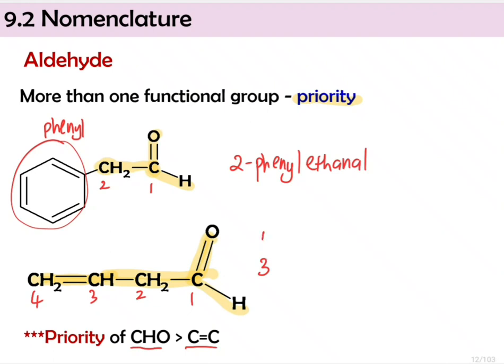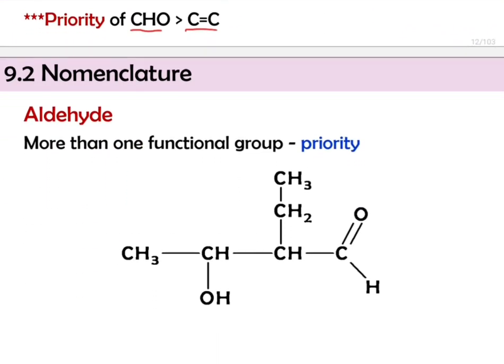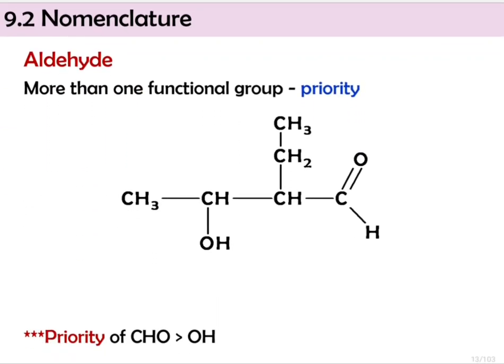Ini adalah position untuk C double bond C. So 3 dash, 4 carbon is but. Kalau macam biasa-biasa tadi, nama dia akan jadi butanal. Since this is alkene, A ni kita tukar sebagai E. So butanal. Dah siap untuk compound yang kedua. So kita tengok example yang seterusnya masih lebih daripada satu functional group.